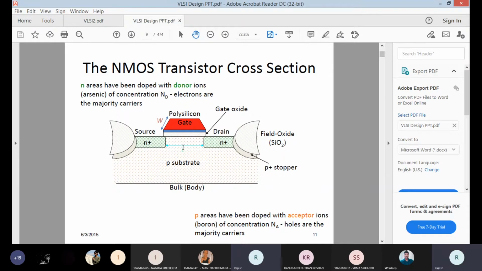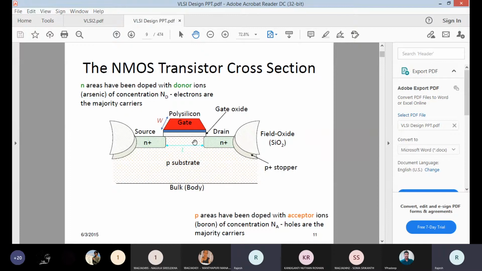Now we want to study the basic electrical properties of MOSFET. These electrical properties are studied by applying some supply voltage to your terminals. There are 4 terminals: gate, source, drain, and substrate. As I am telling, when you apply a positive voltage to the gate, electrons will come and settle here.